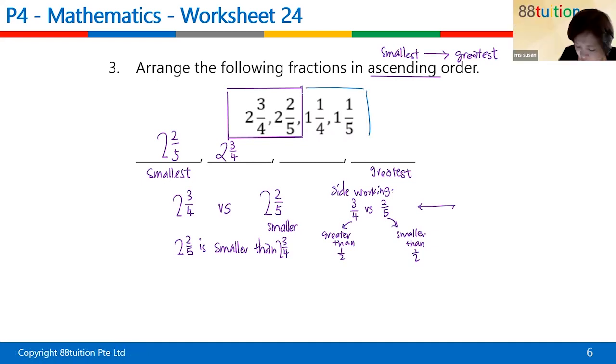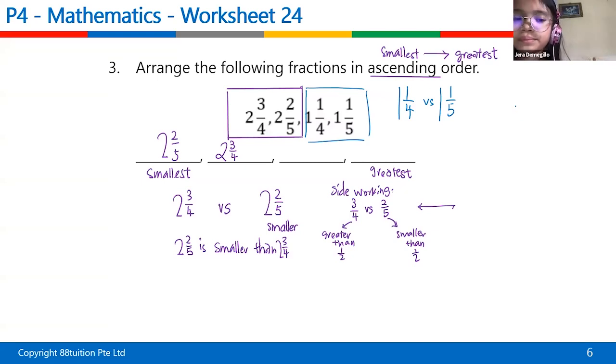Then Gerald, can you help me with this working? Side working, okay, later. 1 and 1/4, you compare 1 and 1/5. Which one is the greater fraction? If this is a greater fraction, what can I do? 1/4 and 1/5, what can I do?